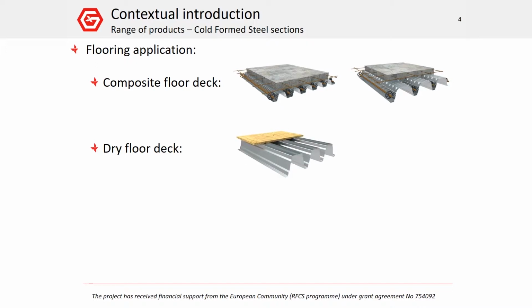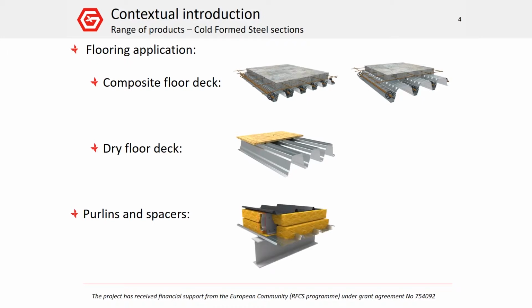We also find cold form profiles for the realization of dry floors for which lightness is the main asset. Purlins and spacers are one of the families of products. They are generally used to support simple skin roofing and cladding or for the local support of external skin.